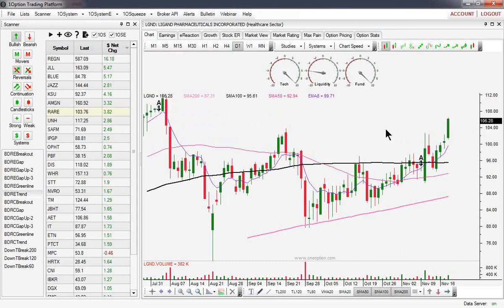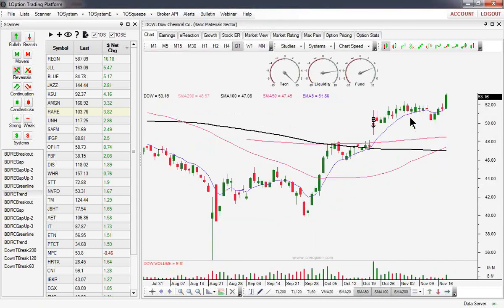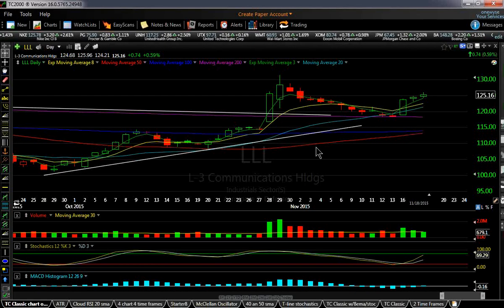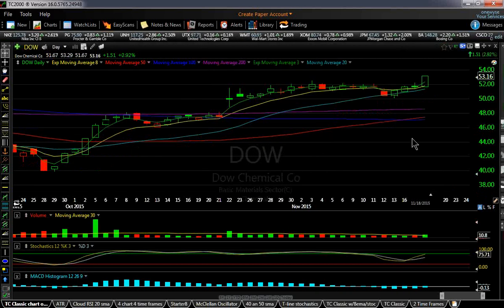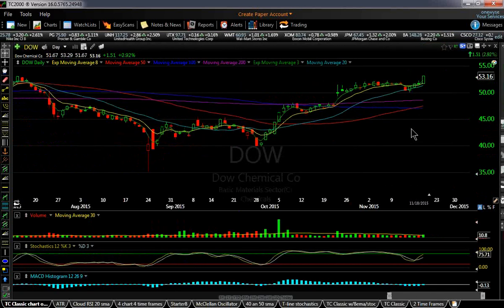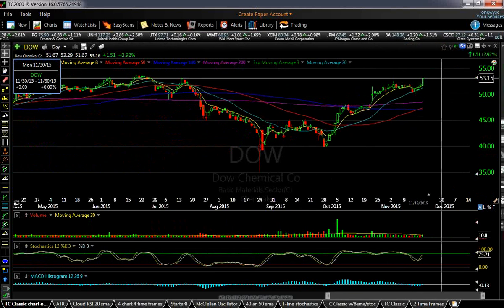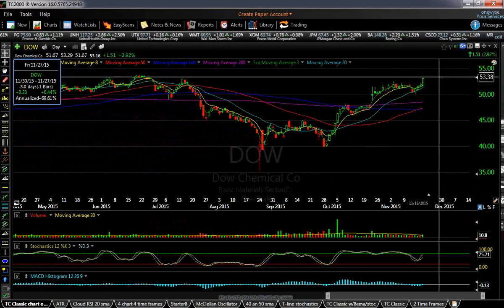And one of the ones that Pete pointed out today is Dow, which, that's a beautiful pattern. Look at that candlestick today on that pattern. And if I bring it up on the TC2000, if you look at that trade, you draw a line across there, that's a major breakout across the top of everything.